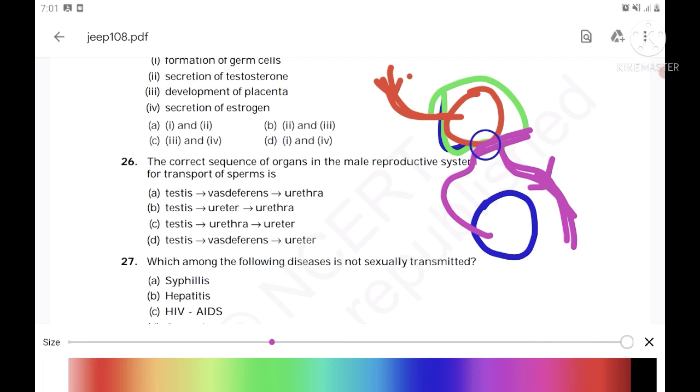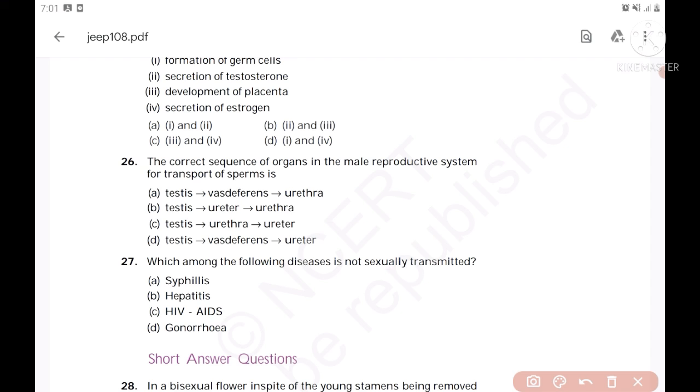And there's a common passage for sperm and the urine. So first the sperm is formed in testes, then the vas deferens. Let me take another color. Sperm is there in testes. Next, the vas deferens. Next, through the urethra. This is ureter. This is urethra. Simple. So the answer would be testis, vas deferens, urethra.